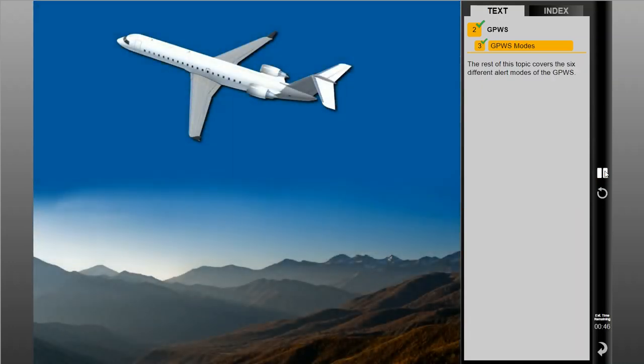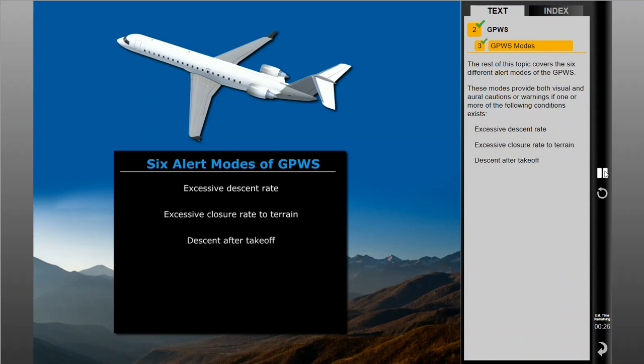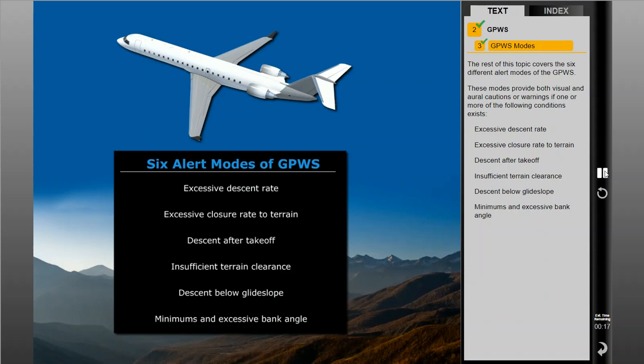The rest of this topic covers the 6 different alert modes of the GPWS. These modes provide both visual and aural cautions or warnings if one or more of the following conditions exists: excessive descent rate, excessive closure rate to terrain, descent after takeoff, insufficient terrain clearance, descent below glide slope and minimums, and excessive bank angle.